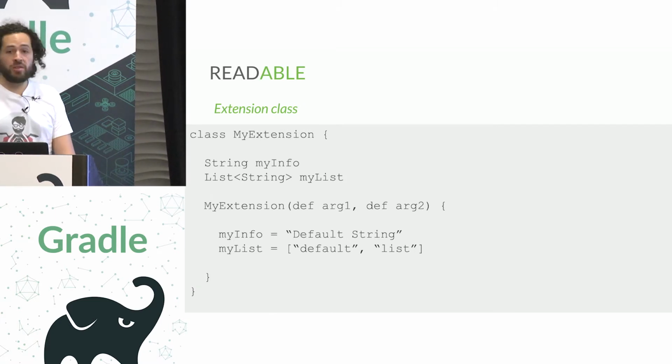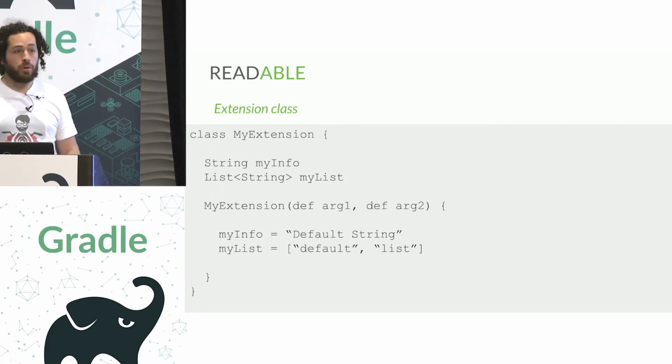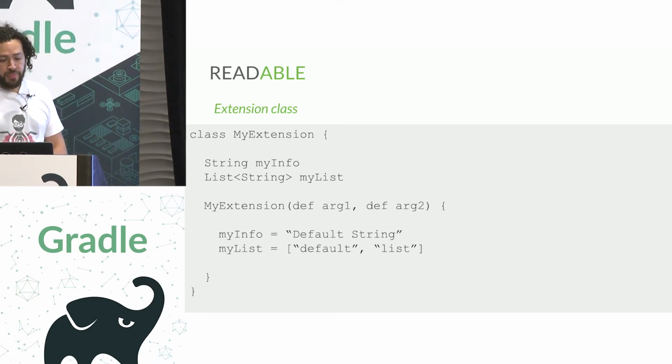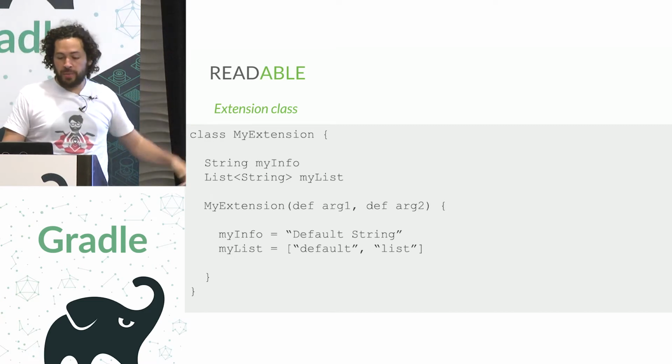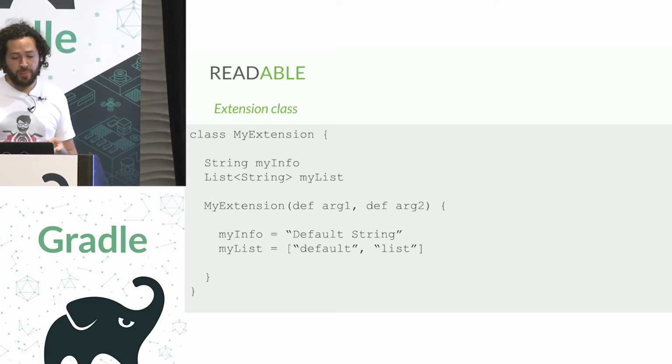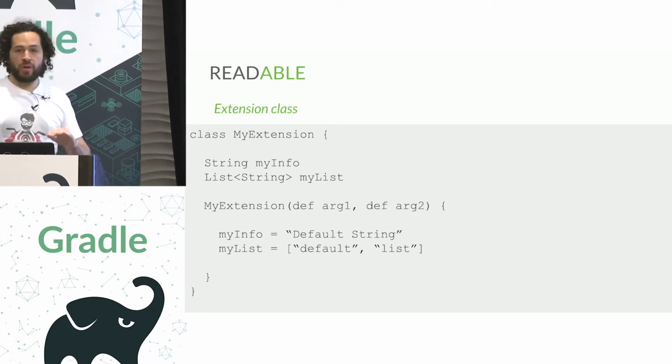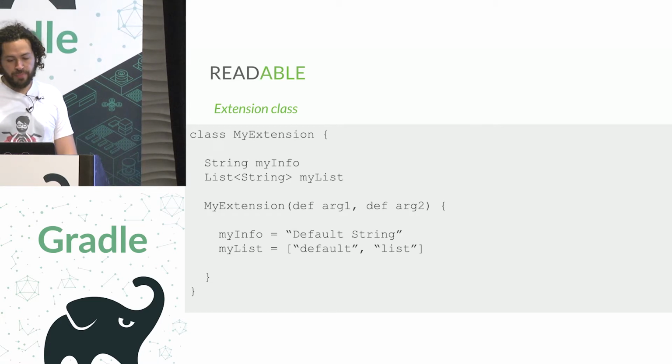My extension is a very simple POJO, or POGO if it's Groovy, class. You see here there is the constructor receiving the arguments. You have two parameters that I exposed, myInfo and myList, and we just put default values in the constructor. This is a very common and simple use case.